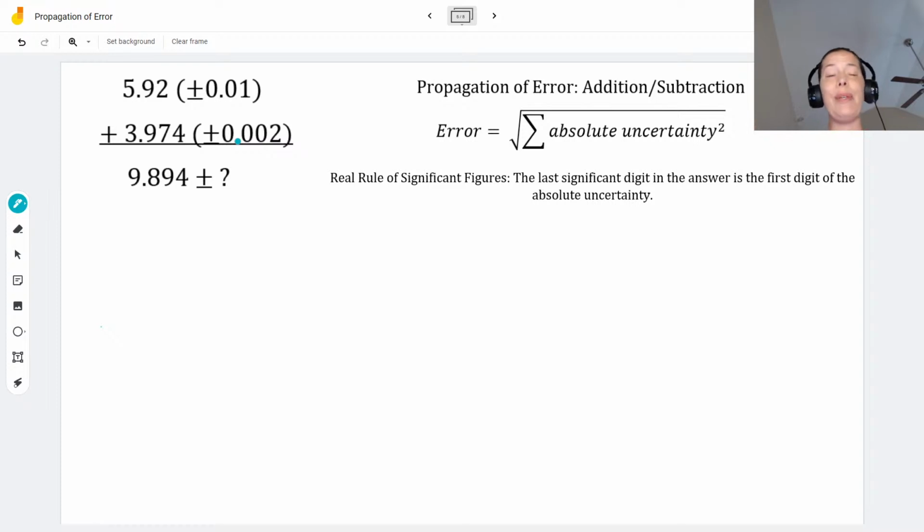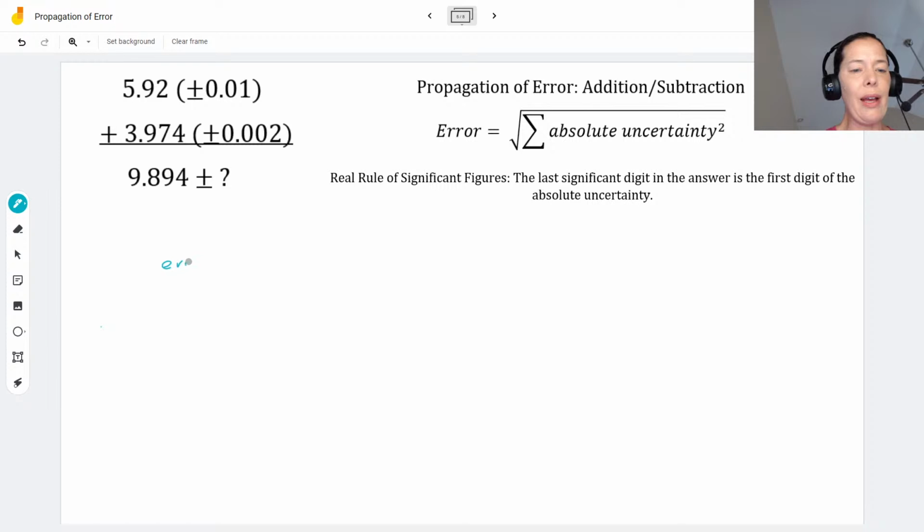It doesn't have to be. It depends on what the measurement is. So when I have this 5.92, the plus or minus 0.01 is the absolute uncertainty associated with the 5.92. So to calculate my error for this calculation, because I'm looking for this error right here, like I can do this addition, but I'm looking for the error, this is how I'm going to do it.